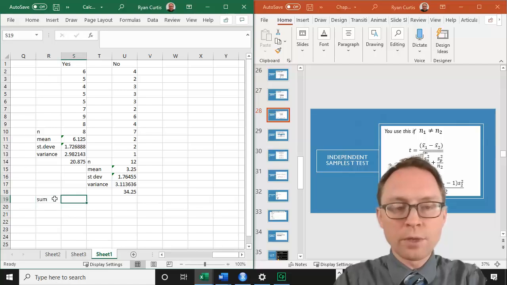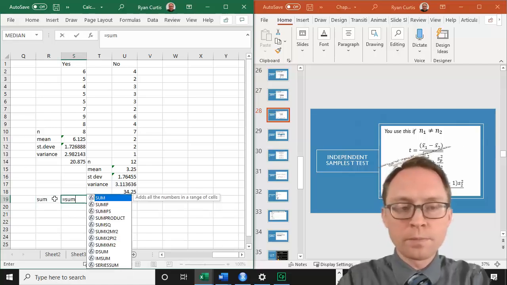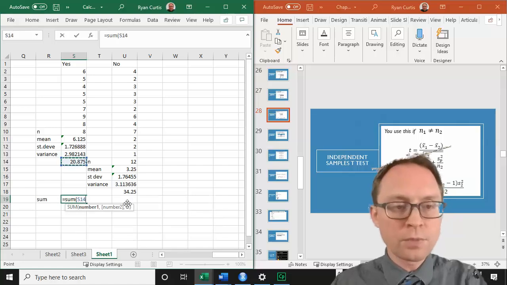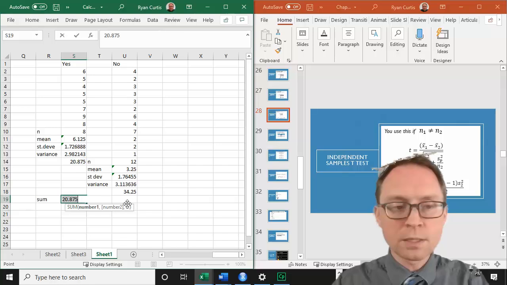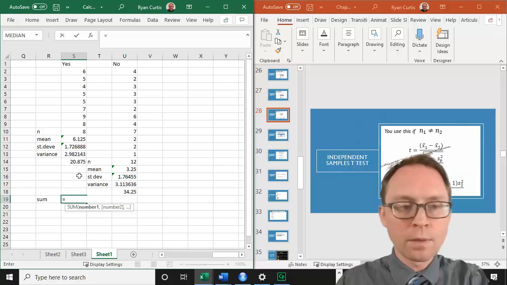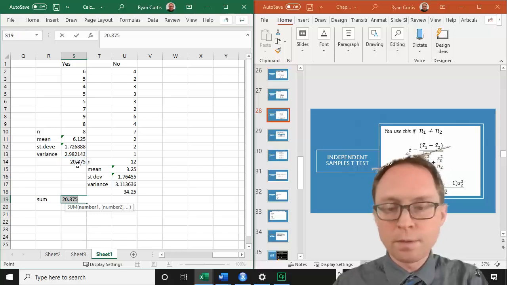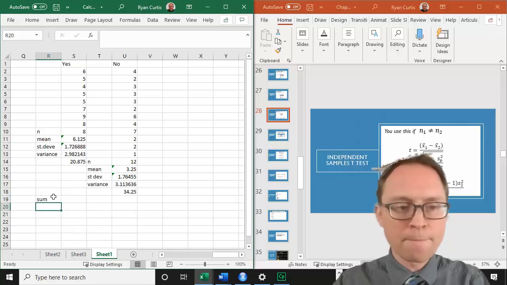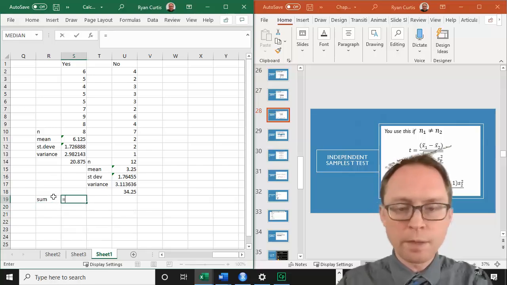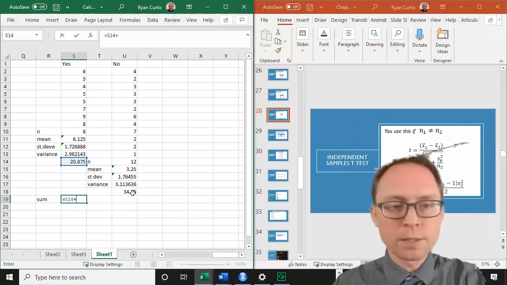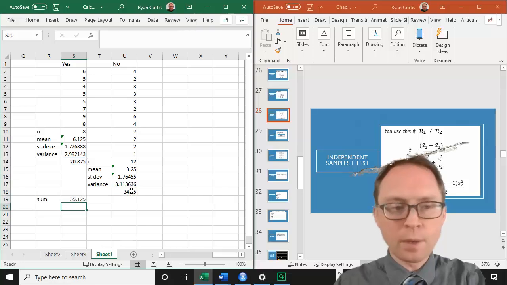Then when we add those two together, I'll put that sum right here. It equals this plus that. All right, so that's the sum.